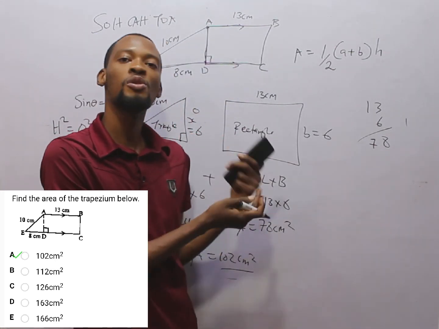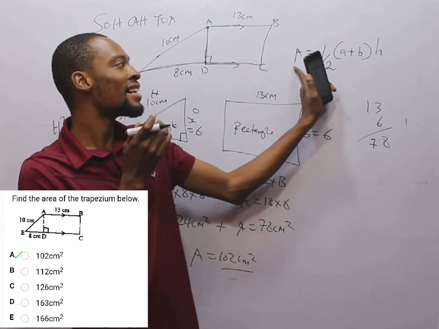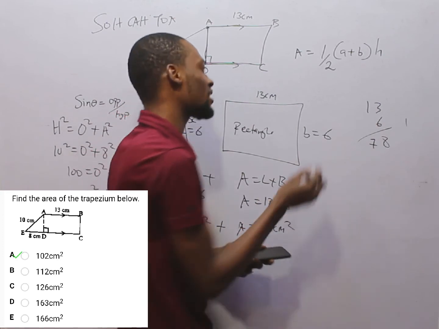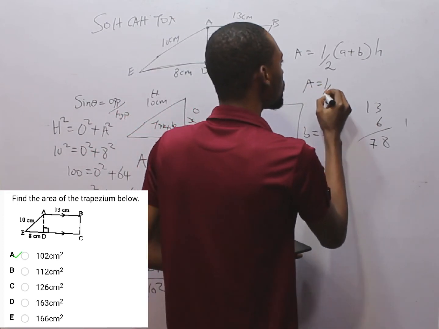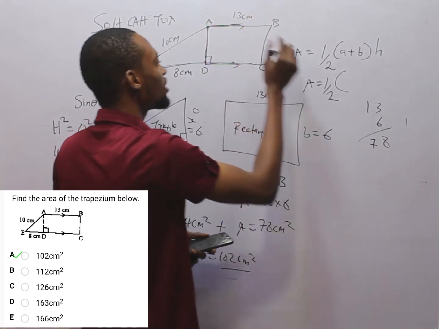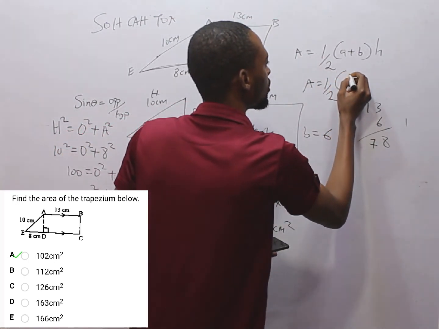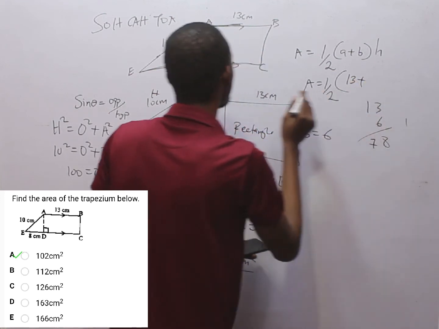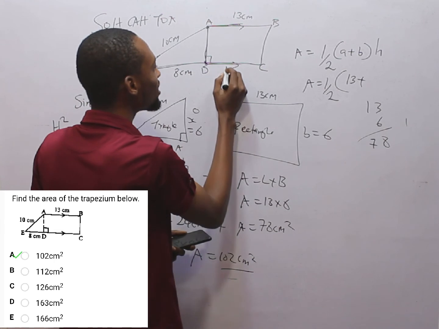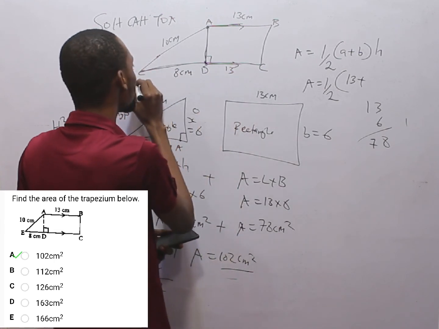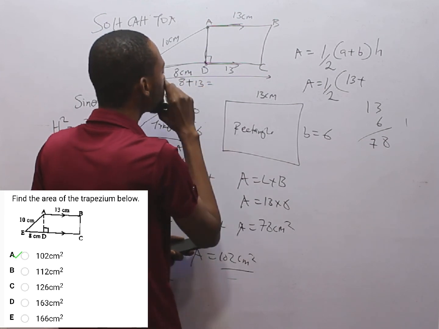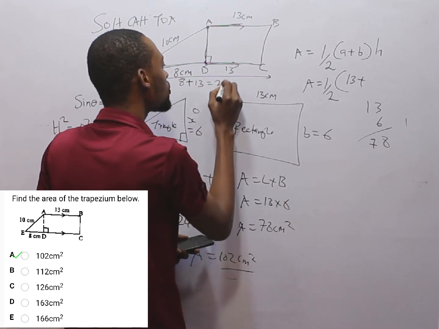If you don't choose to use this method, you can use the direct method. Area of a trapezium is half the sum of parallel sides times height. So area here is equal to 1 over 2 times the sum of parallel sides. The side here is 13. Since from here to here is 8 and here is 13, it means the full parallel side is 8 plus 13, which gives you 21.